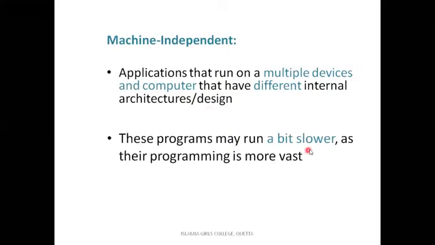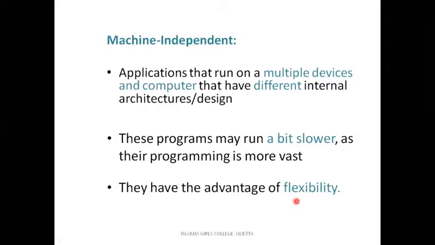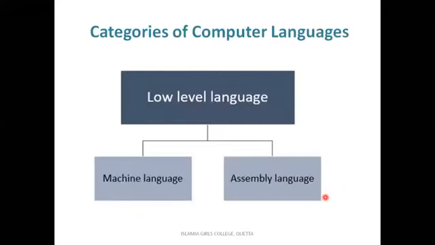The programs may run a bit slower because their programming is more vast, covering more designs, but they have the advantage of flexibility. This means they are flexible because they can run on more devices. The same piece of code or the same program can run on different devices. Then this means that the program is machine independent. However, the low-level languages are machine dependent, both the machine language and the assembly language.